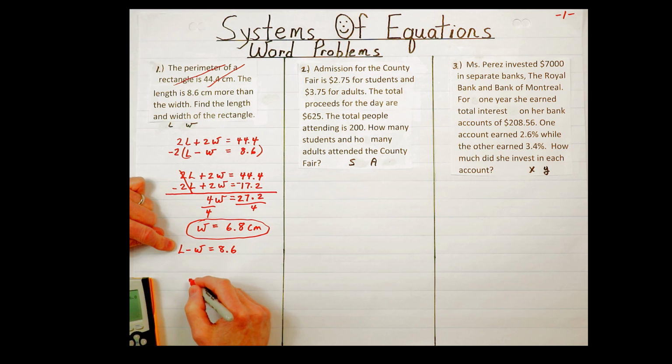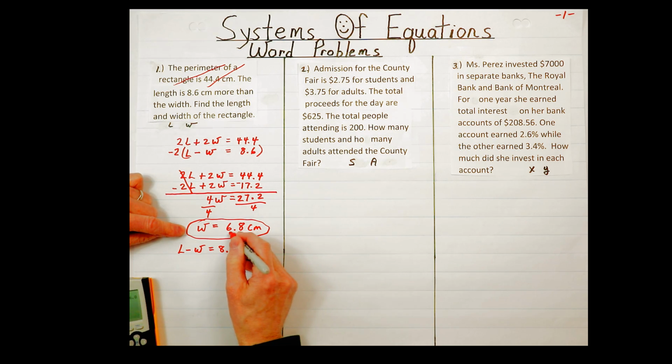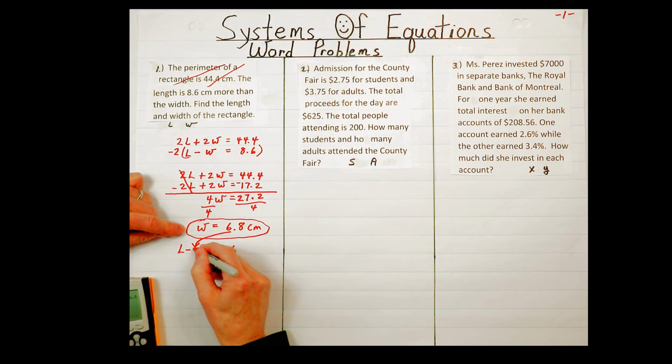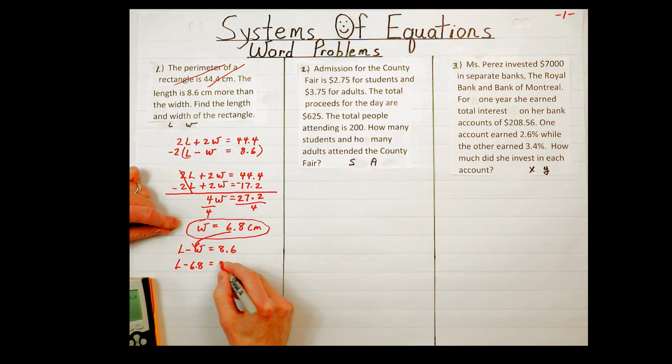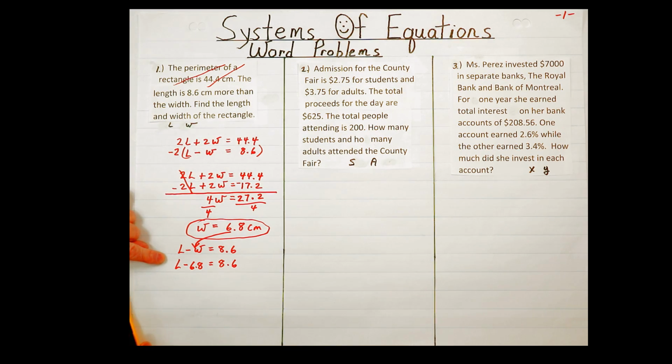So I'm going to put 8.6 right here. So L minus 6.8 is equal to 8.6. And to solve this, we have to move the negative 6.8 to the other side.